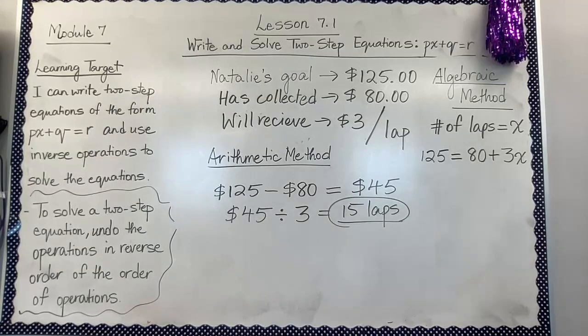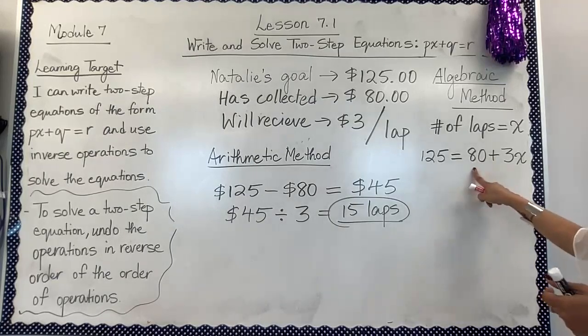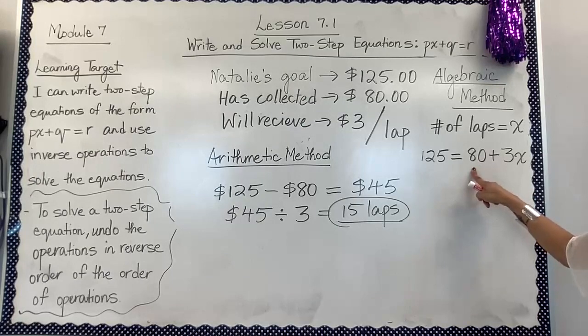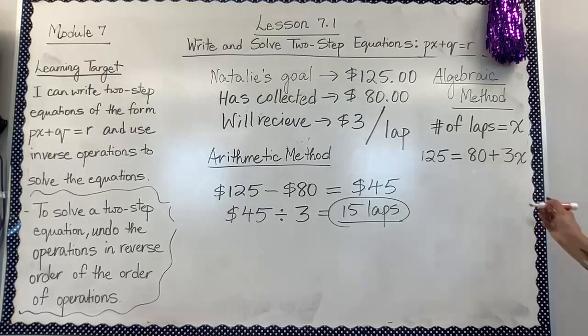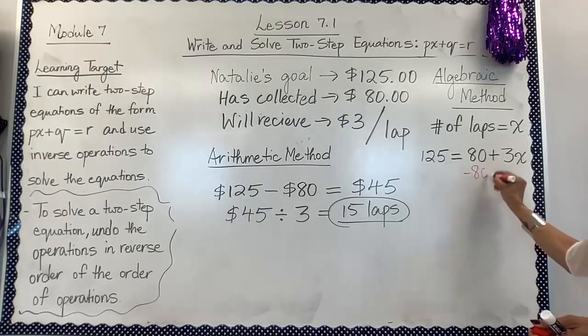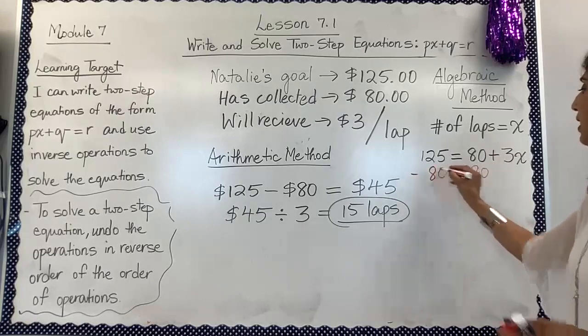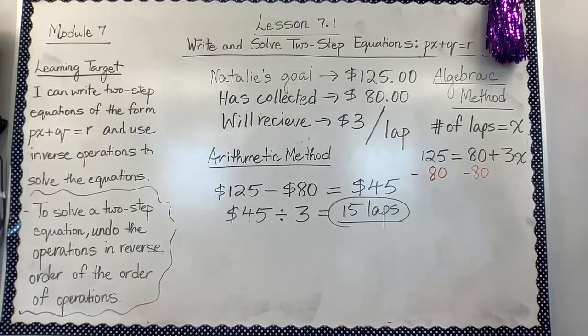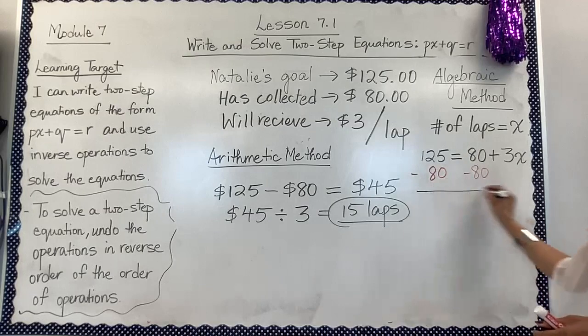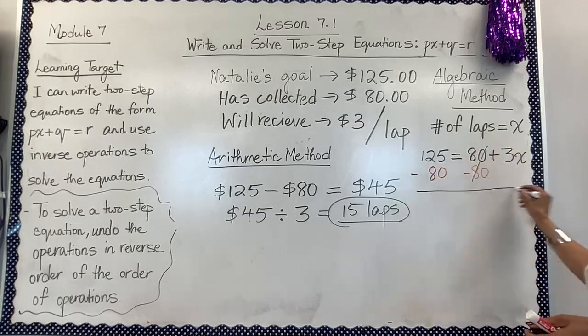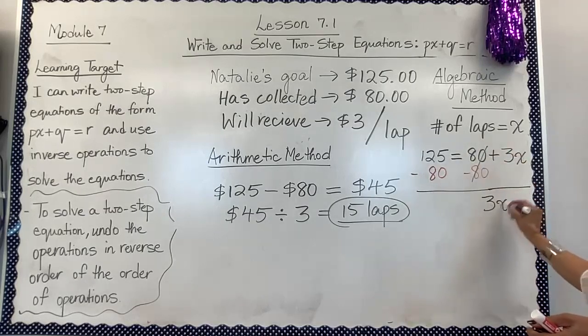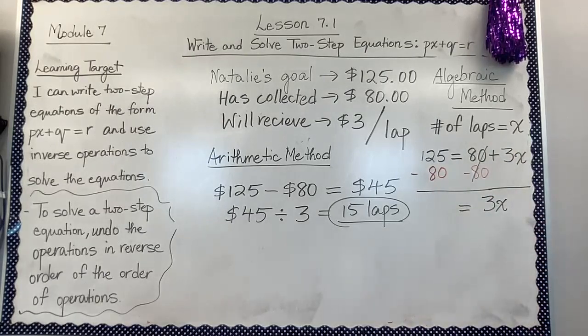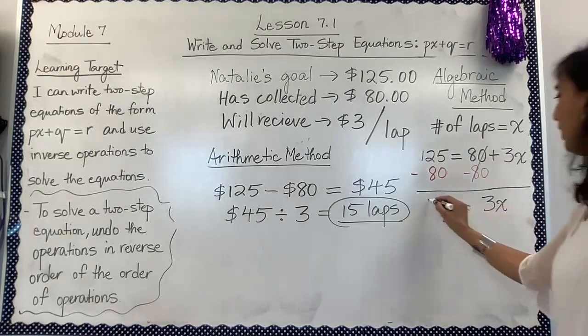So I can see that the first thing I have to do is subtract 80 using the subtraction property of equality from both sides. So this is minus 80 minus 80. Okay, and that is going to give me 80 minus 80 is 0. So I have 3x is equal to, when I do 125 minus 80, I get 45.